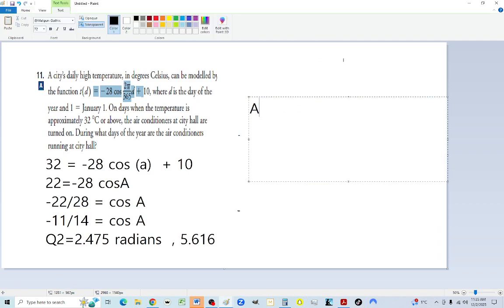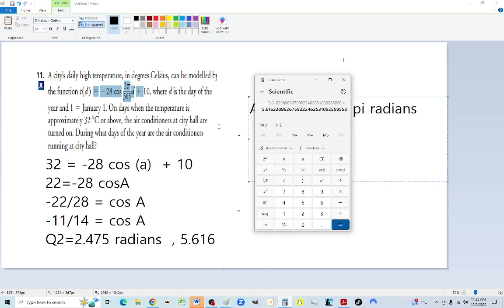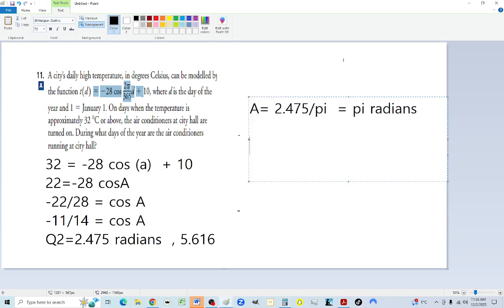But we really should put those over pi to figure out pi radians. So we're going to take 2.475 and divide it by pi, and we're going to come up with pi radians. And let's start with the 5.616 because it's here. Divide by pi. You'll see why in a second. So the second one is equal to this many pi radians.